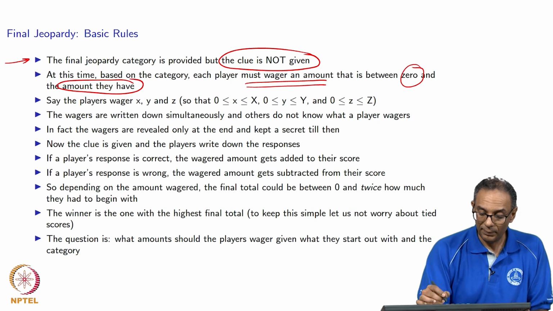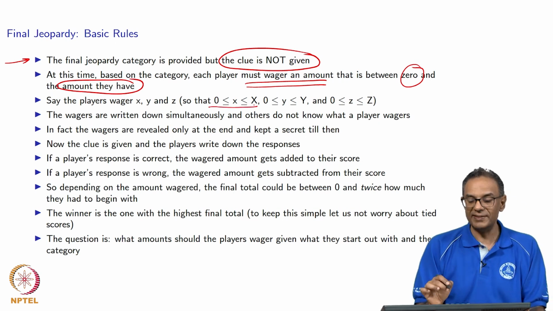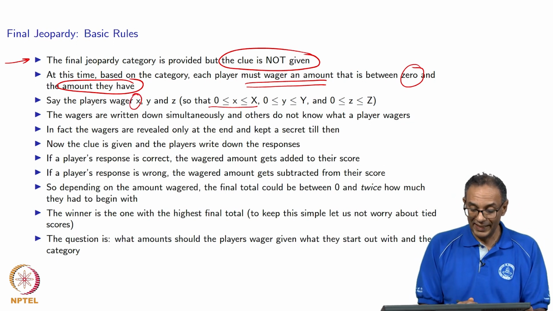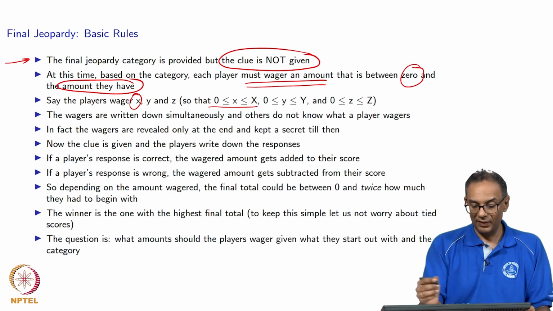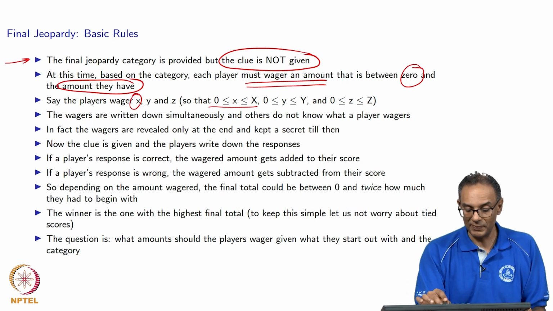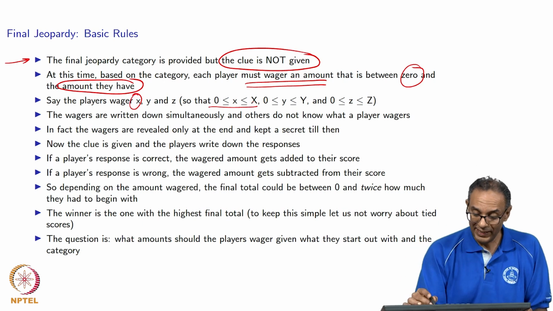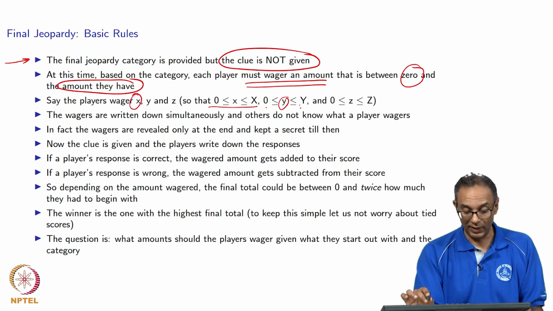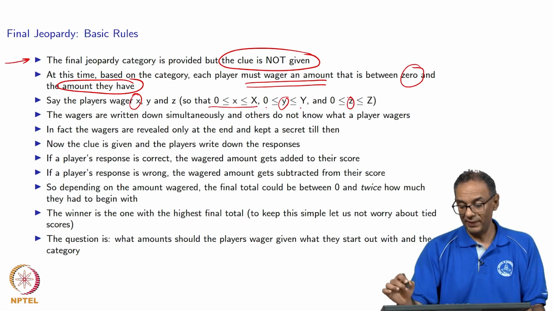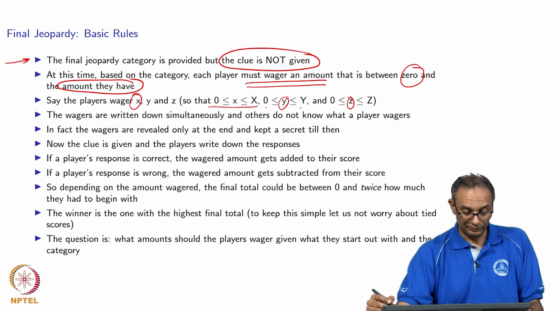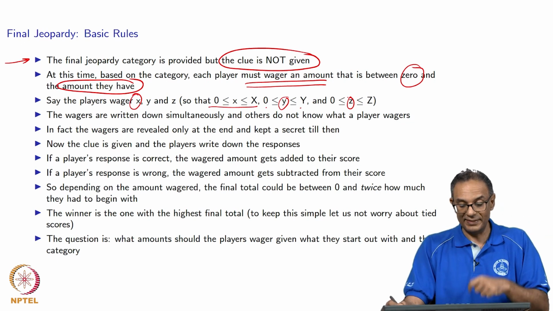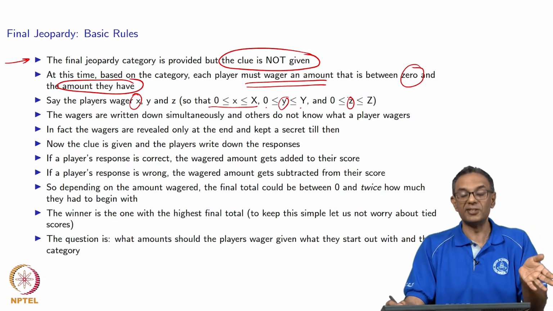So, for example, player 1 can wager between 0 and X. If little x is the amount that the player wagers, then little x must be between 0 and big X. Likewise, player 2 wagers y, a number between 0 and uppercase Y, and the third player wagers z. Now, if you get the answer correct, then that x, y or z gets added to your score. If the wager is wrong, it gets subtracted from your score.